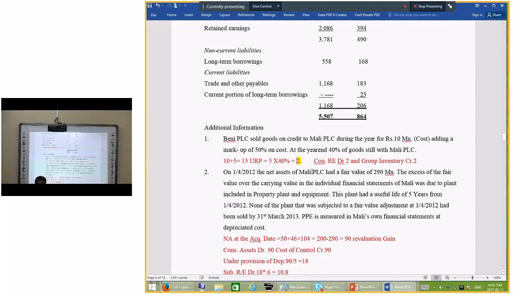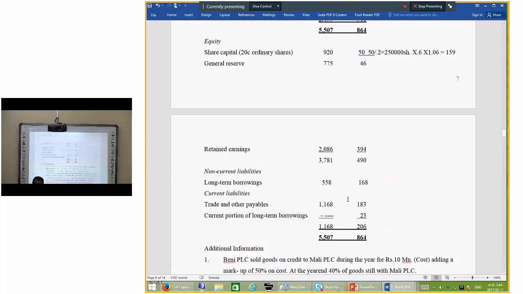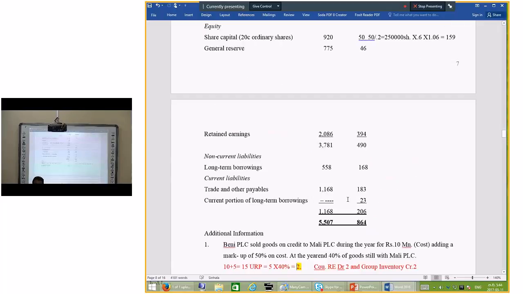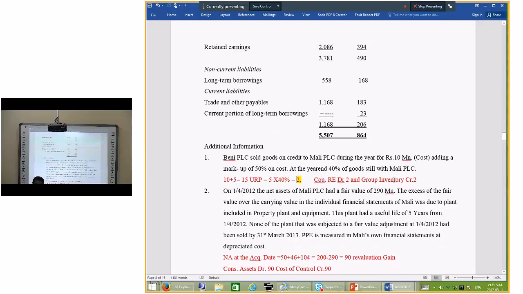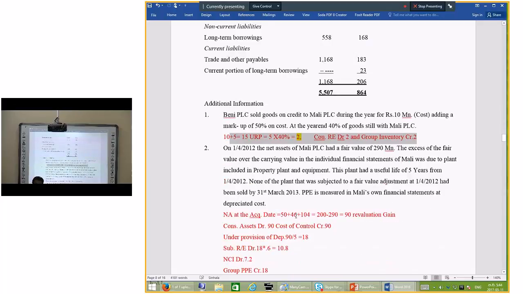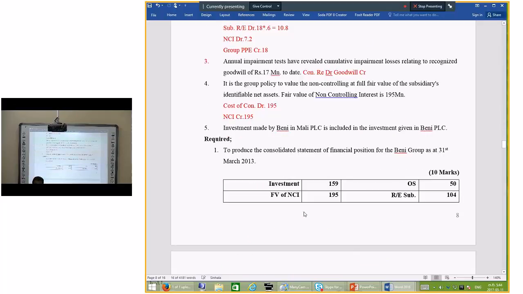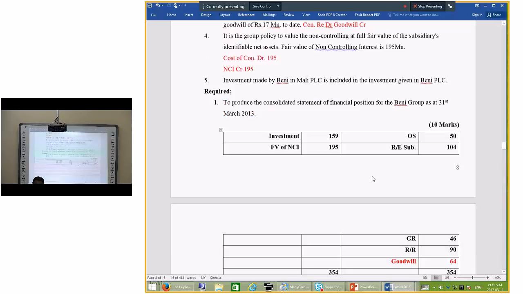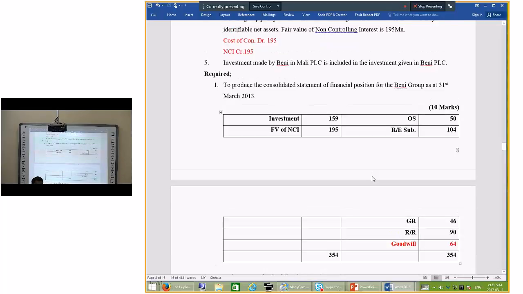Every time I told you how to write the double entry. Seller's retained earnings debit. Now look who is the seller here. Yes, Beni means the parent. Seller's retained earnings debit and group inventory credit. Very simple. How much for this question? Look, 10 marks for this question.